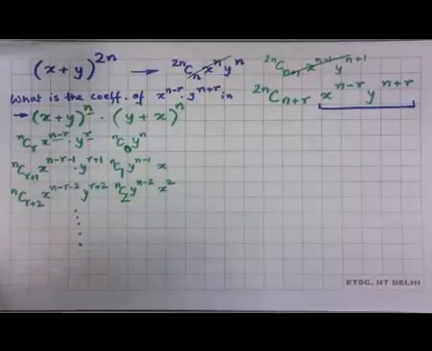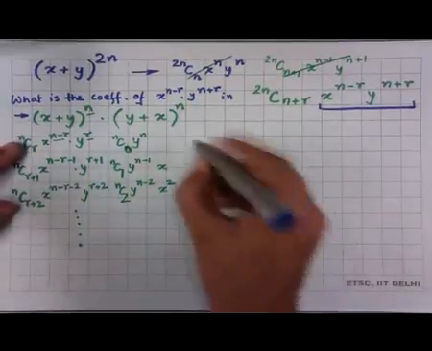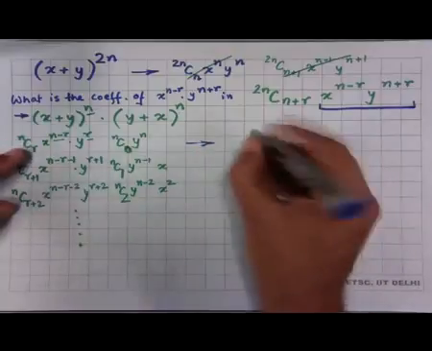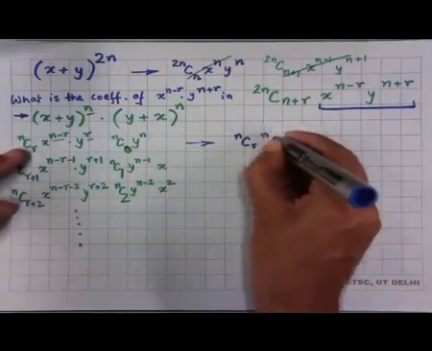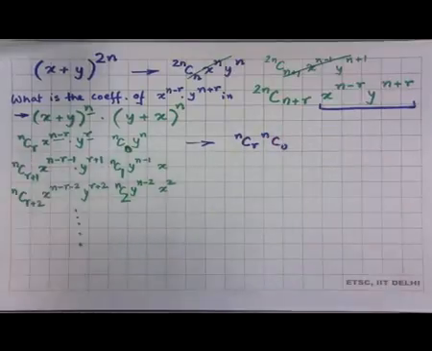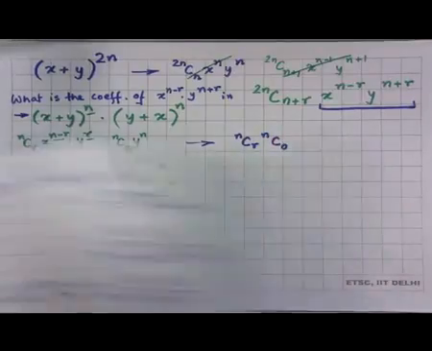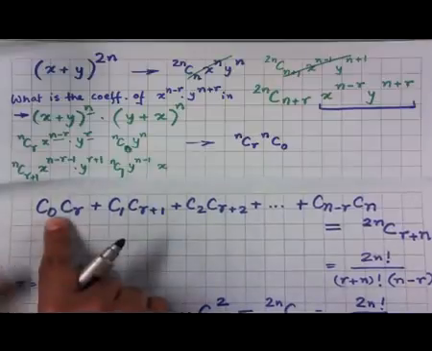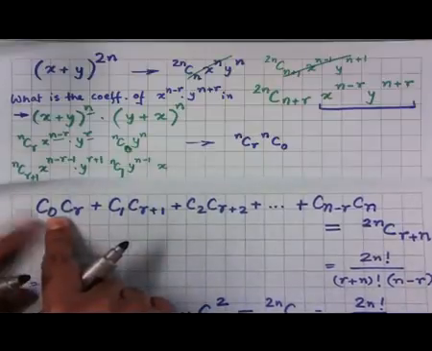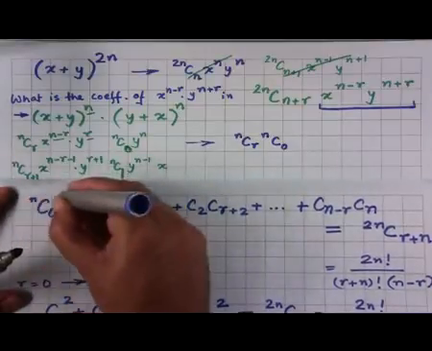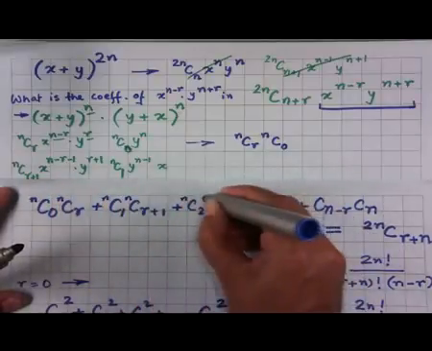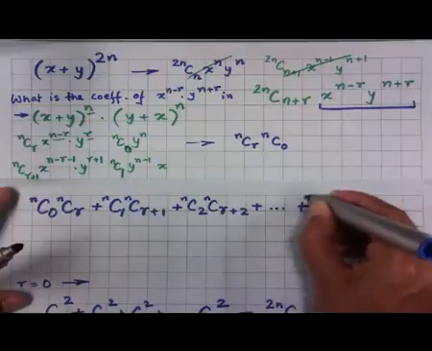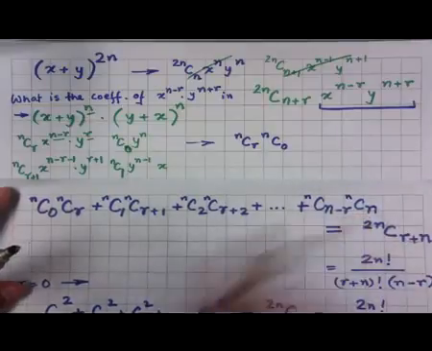So, let us write it down. So, this will give you n c r times n c 0, the first term. So, this is a shortcut, you may or may not write the n.